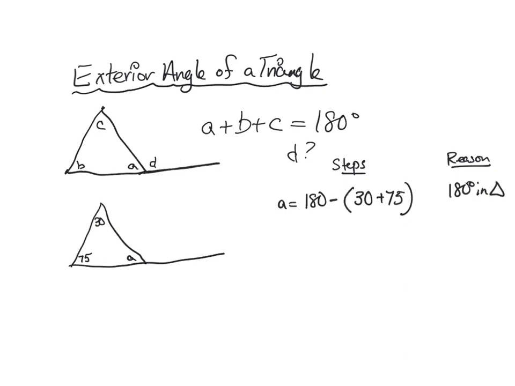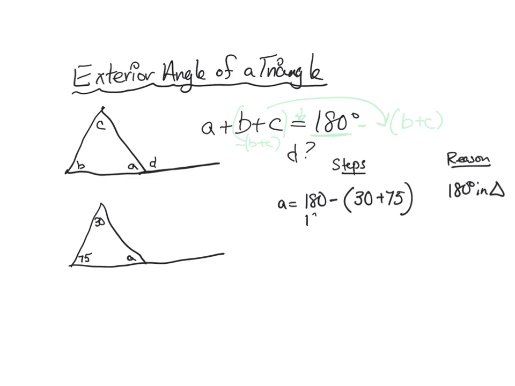And what have we done? We've just changed it so that we have 180 here, and we've brought the B and the C over to subtract, because we're looking only for A. So we get rid of it on this side, minus (B plus C), and whatever we do on this side, because of the equals, we have to do on the other side, so minus B and C. So A equals 180 minus (30 plus 75).